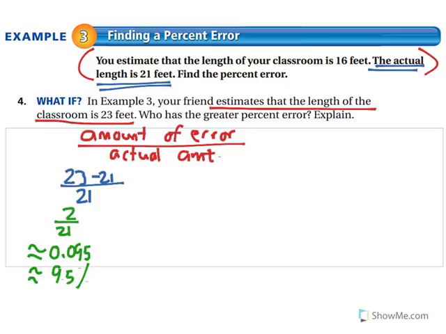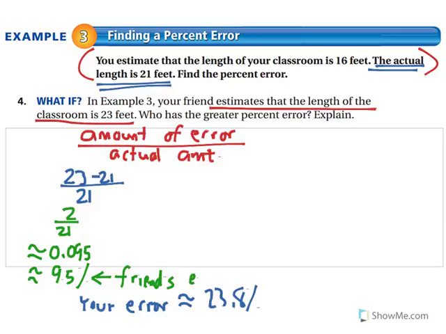So I'm going to put down your error was approximately 23.8, and this is your friend's error.